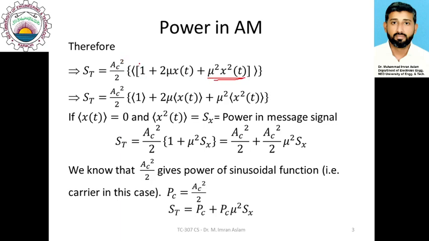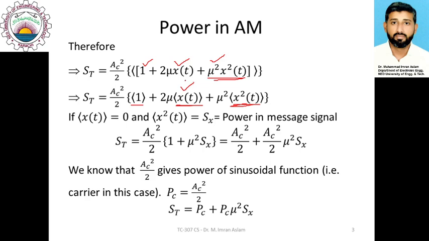And because these are three different terms, we can separately calculate the average of each of the terms. So this is average of 1, this is average of x(t), and this is x square t. In most cases, the message signal also has positive and negative amplitudes. So typically, having a signal with positive amplitude and negative amplitude, they occur with equal probability.